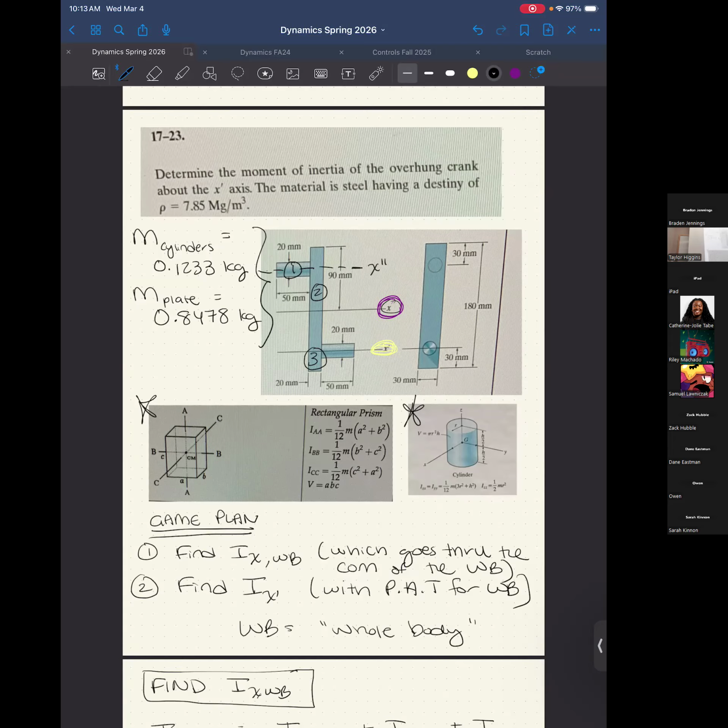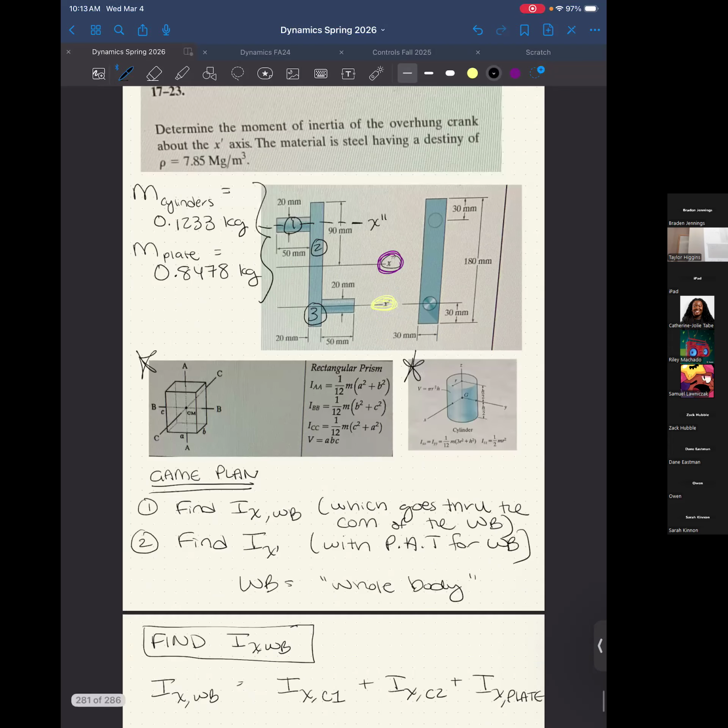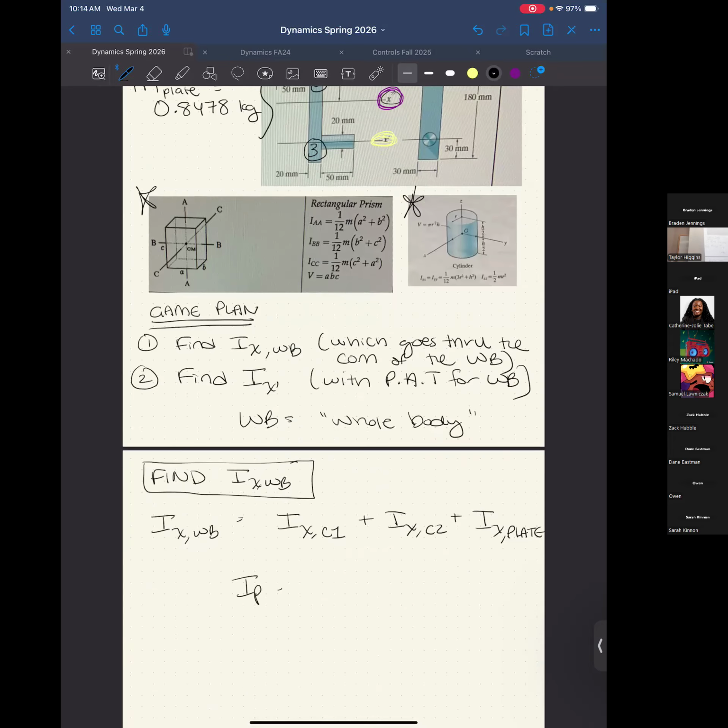It's just IP equals IG plus MR squared. I thought it was minus or plus AB squared. Is that the same thing? Oh, IP equals IG plus MR squared.